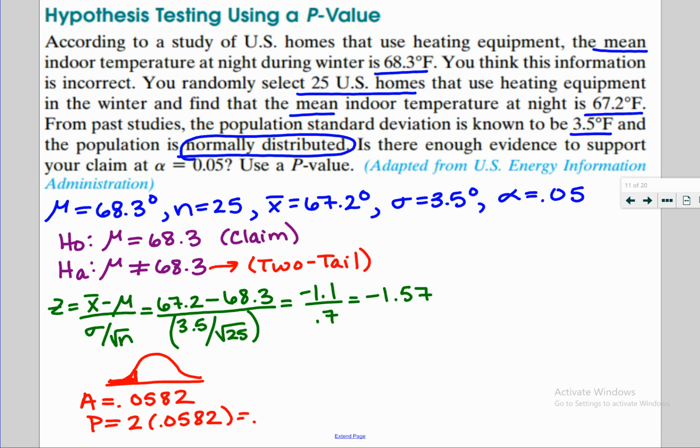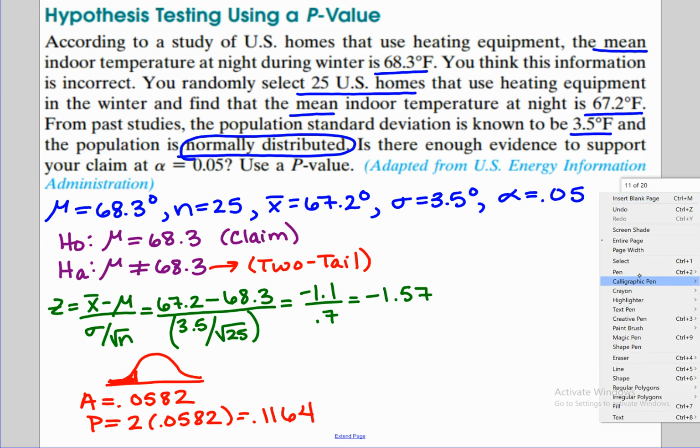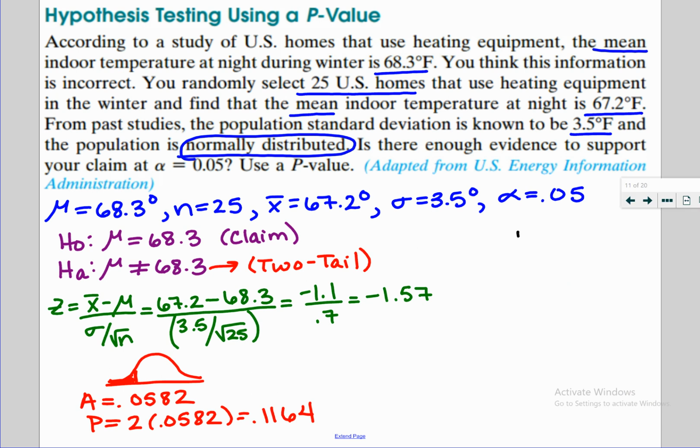I get 0.1164. 0.1164 is my p. Okay, compare p to alpha. P is 0.1164, and what was our alpha here? 0.05. Okay, so how does p compare?